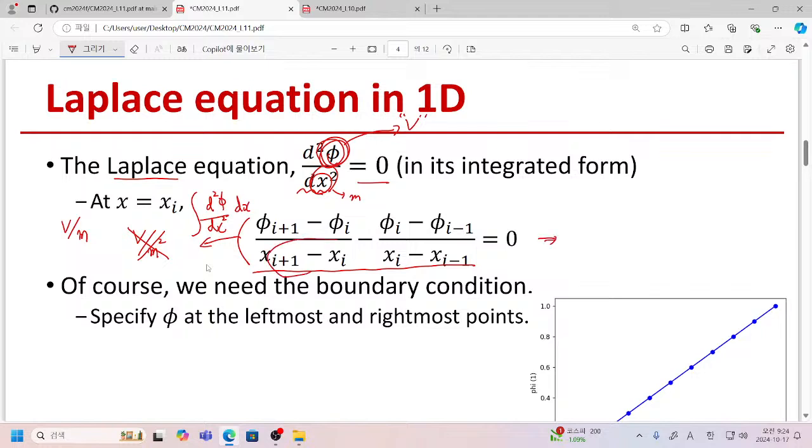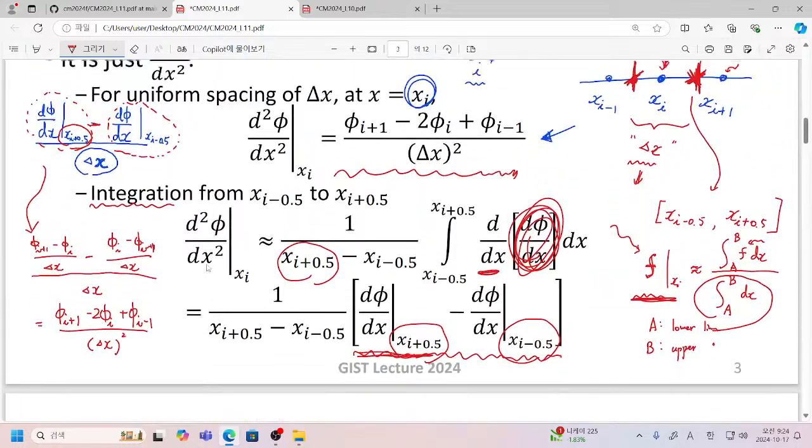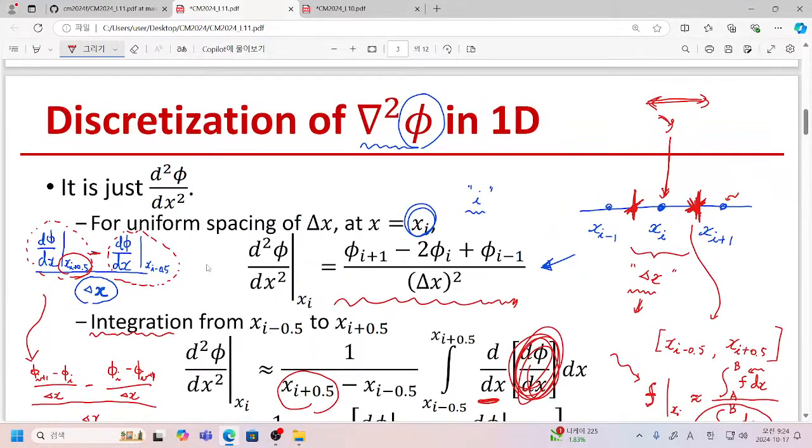Let's say that this corresponds to delta x, and this corresponds to delta x. In the uniform case, they share the same delta x, and now you can write it down in this way. Yes, this becomes the integrated Laplace equation. So please make a comparison between this form and the form shown in our previous slide. What is the difference?